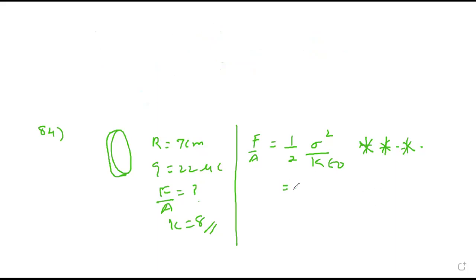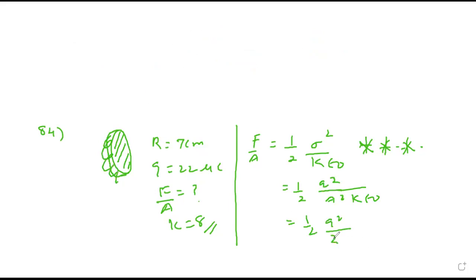This will become half. Sigma means charge upon area. So it is Q square upon A square K epsilon naught. Now only important here is area will be this area from front end and this is from back.